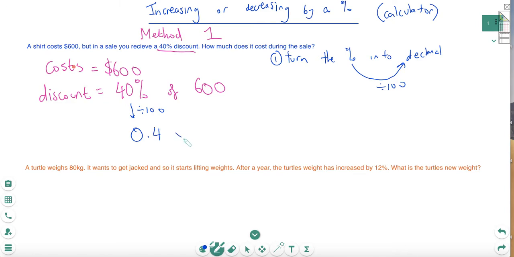And then we're going to multiply it by 600. So 0.4 times 600 equals 240. So our discount we're receiving is $240. So if our cost of our shirt is $600, we get a $240 discount. We're going to pay 600 minus 240, which makes $360.